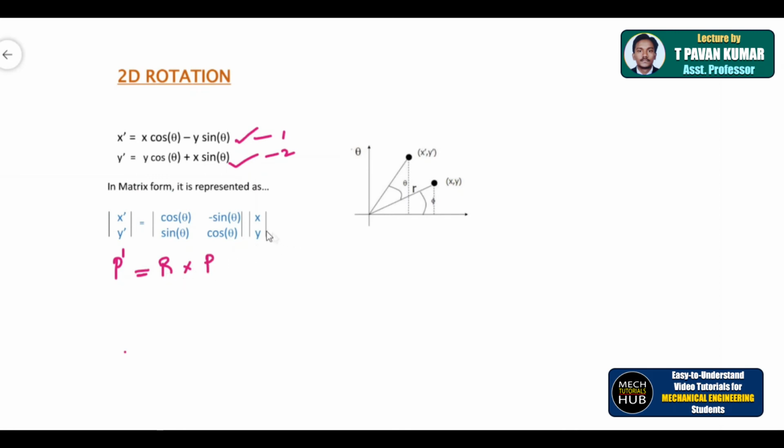This xy is the old or existing position, and this particular x prime y prime is the new position after rotation, and this rotation matrix will help you perform this task from old to new. This needs to be remembered.